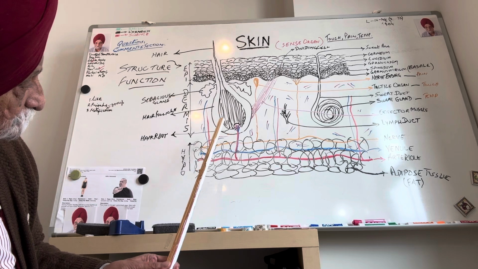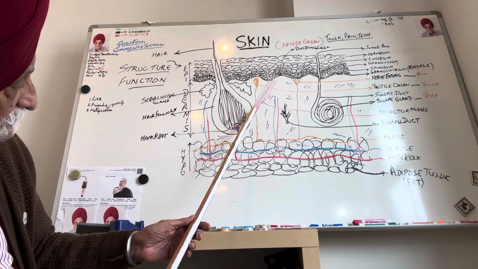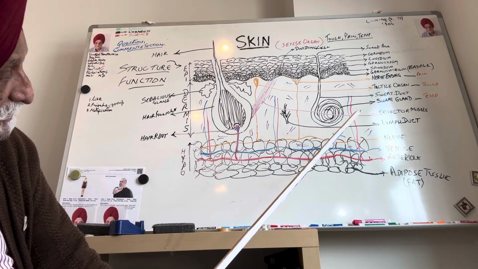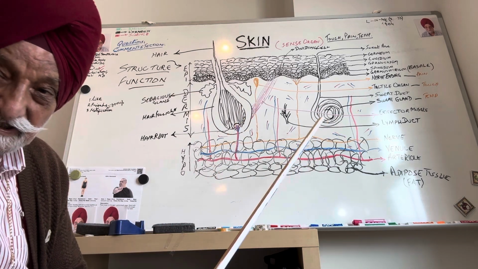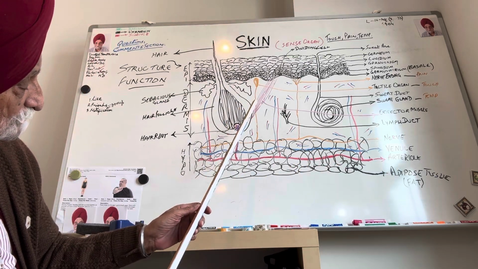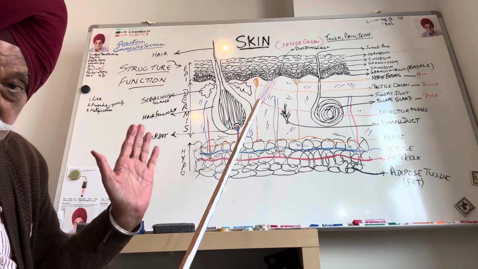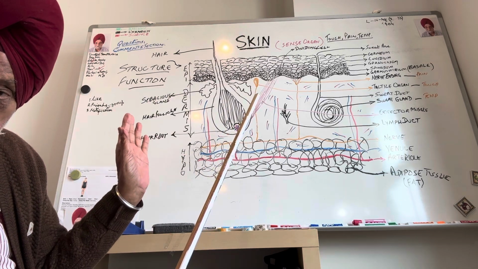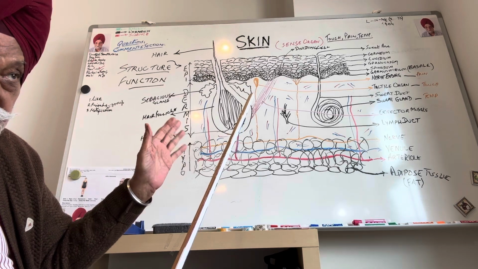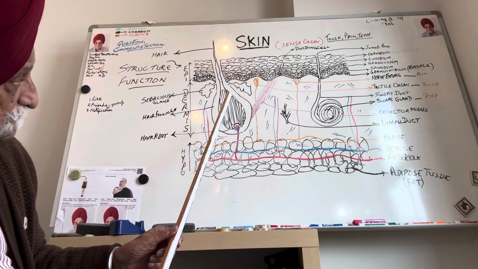Now, each hair follicle is connected by a muscle called the erector muscle. The erector muscle is responsible for making the hair erect. Depending upon the temperature, or certain other conditions we shall see under the function, the hair will go erect.